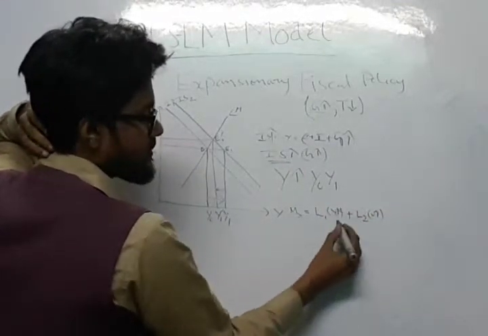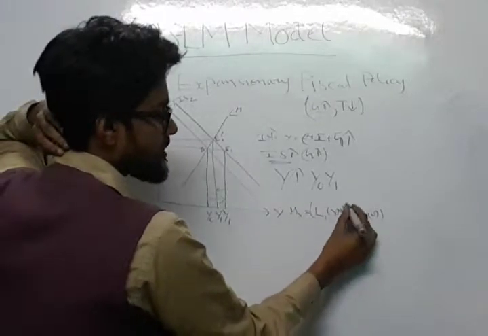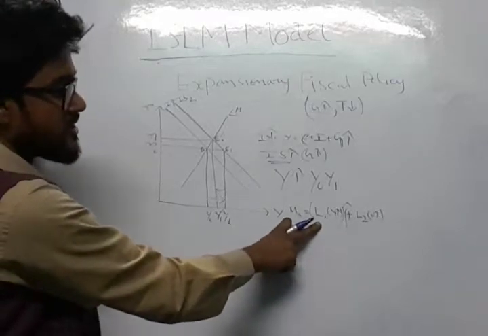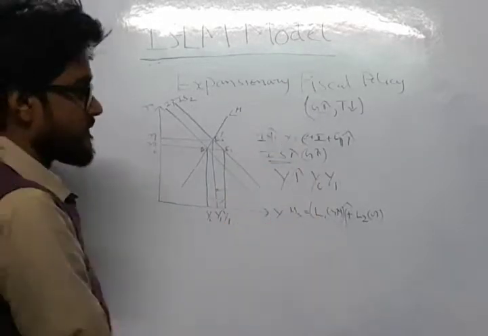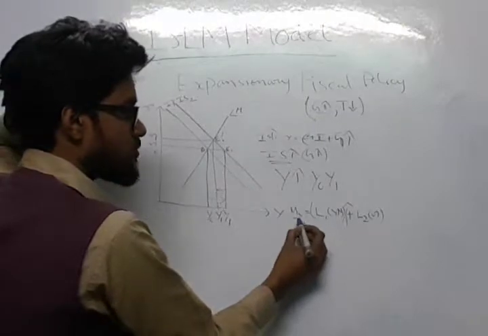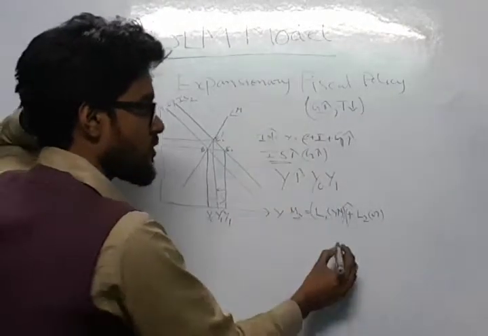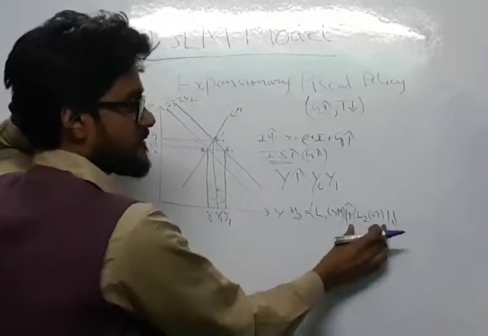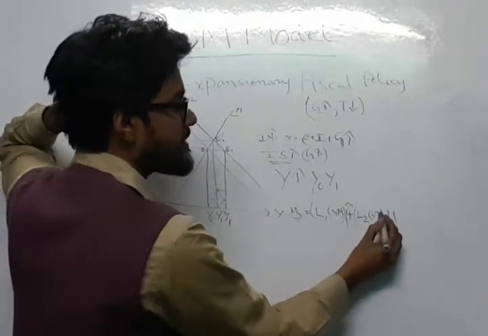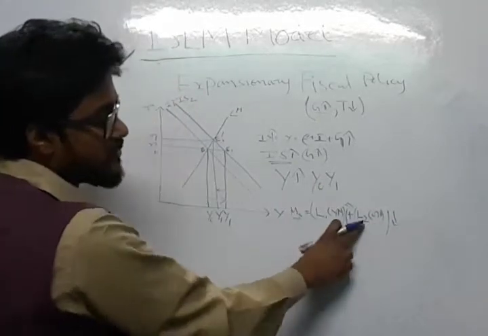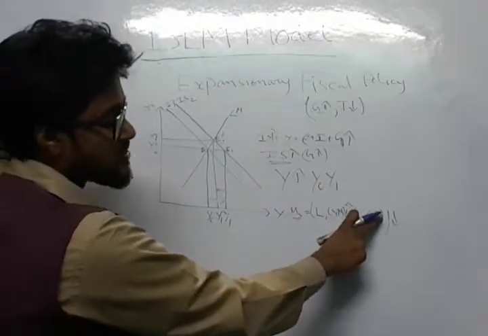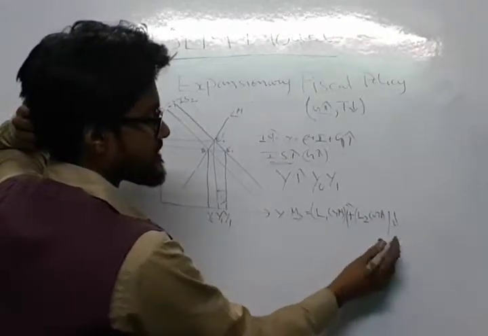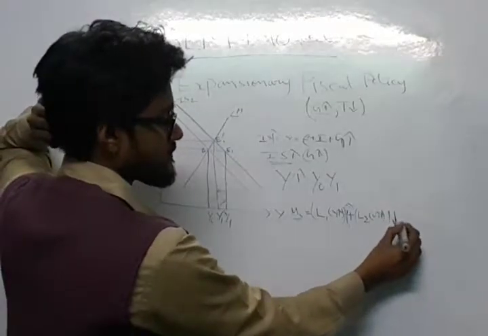When income increases, this entire term increases, as the relationship between income and transaction demand is positive. The money supply is constant, so if this term increases, the other has to fall. This term will only fall when R increases, as the relation between speculative demand for money and interest rate is negative. So when R increases, this term falls.